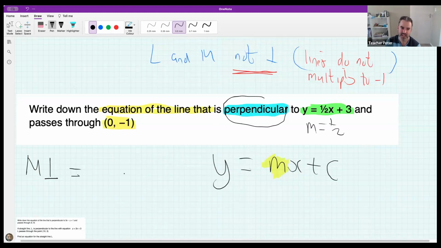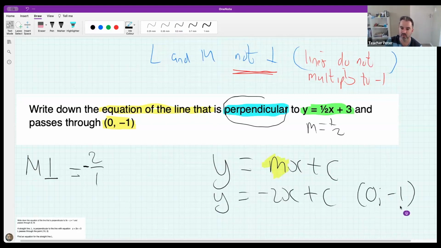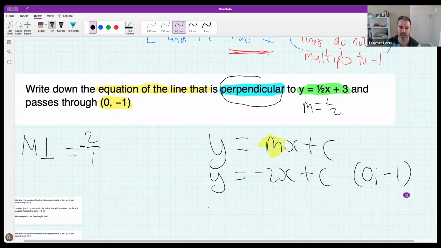Yes, perfect. So what you do is you flip the 2 and the 1, but then you need to change the sign. And so what you've got is this situation, and now you guys need to use (0, -1). So what is the equation of the yellow line going to be, people of grade 11?